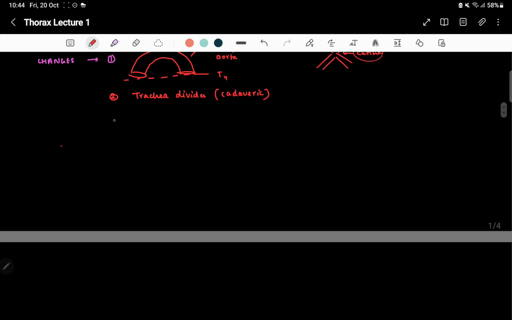Okay. Then we can have the looping of a recurrent laryngeal nerve here. Then at this angle there is the presence of cardiac plexus.